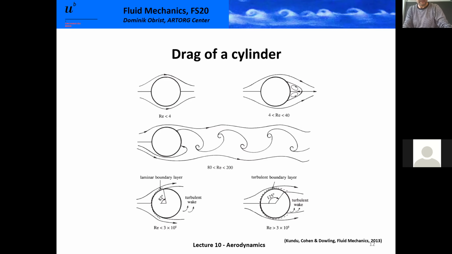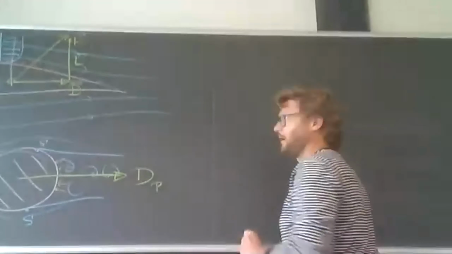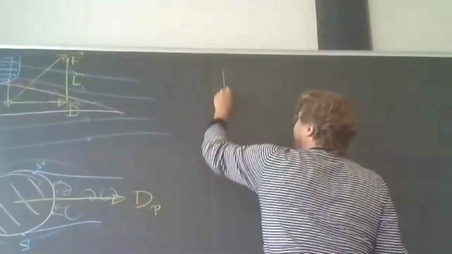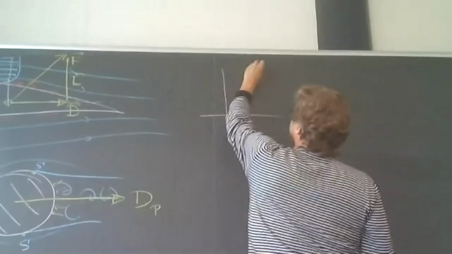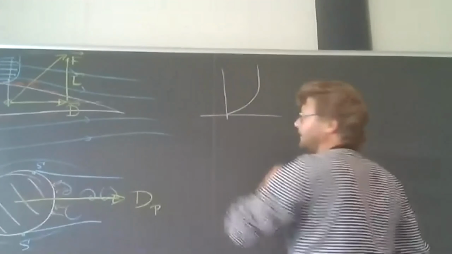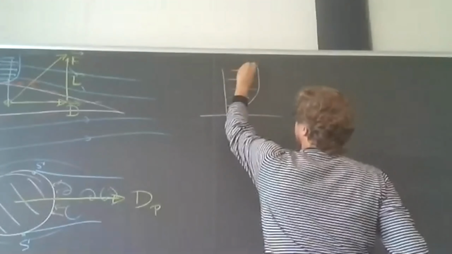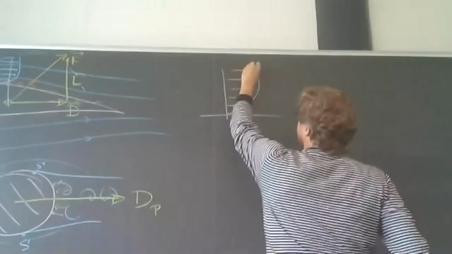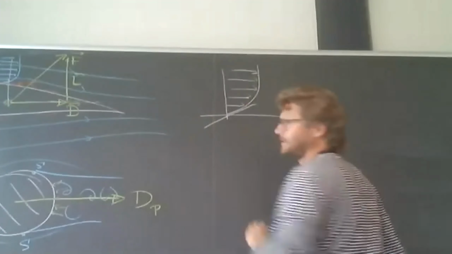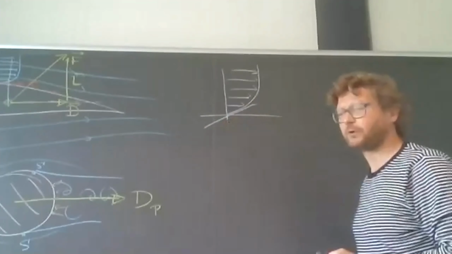Maybe let me show it to you again on the blackboard. So this, for instance, is a Blasius boundary layer with a certain gradient at the wall, creating a certain shear force.